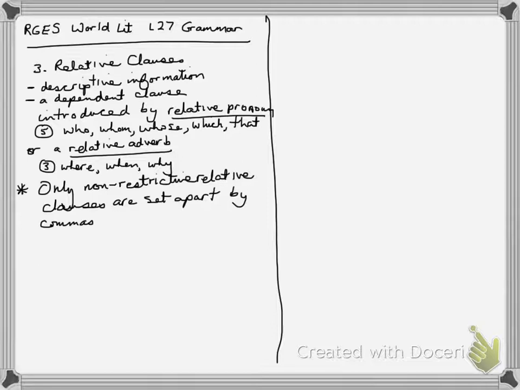Here's an example now. The woman down the street, whose children are the same age as ours, invited us over for dinner next week. Can you hear the relative clause? Okay, I'm going to read it one more time.